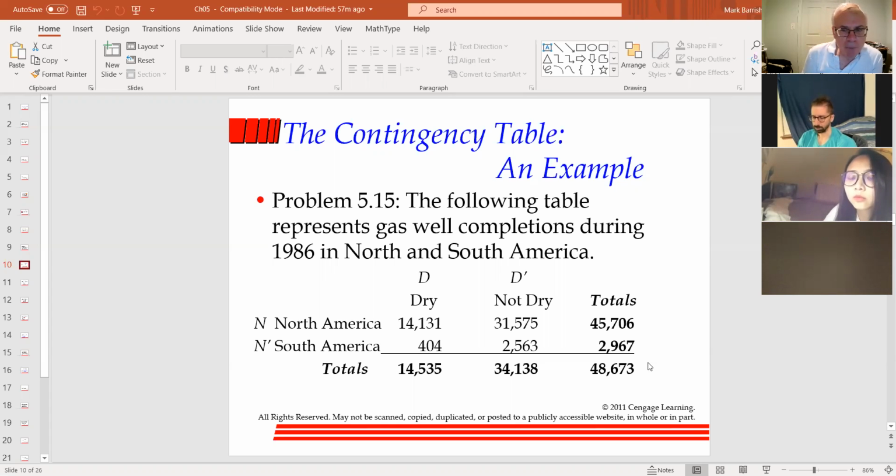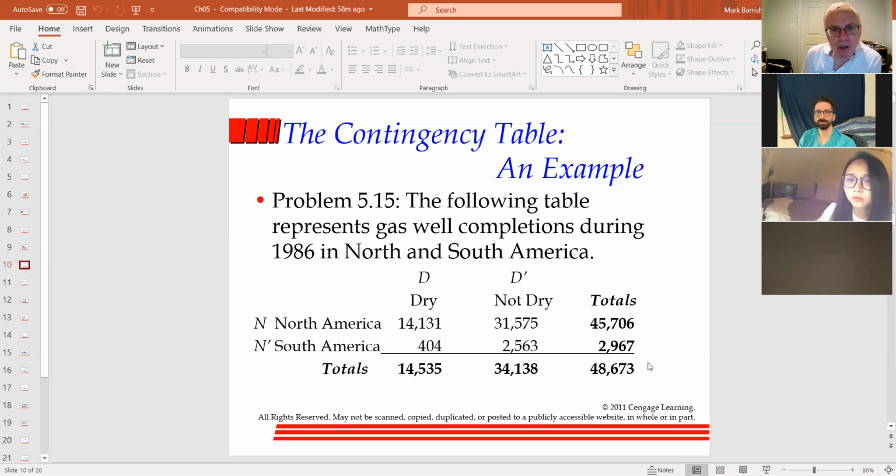Good. Now I'm going to be a little tricky here. If I pick a dry well at random, what's the probability that it's from North America? 14,131 out of 14,535. That's exactly right.